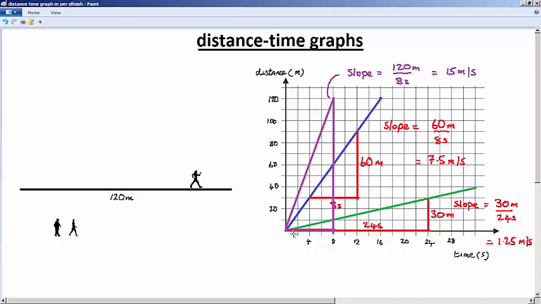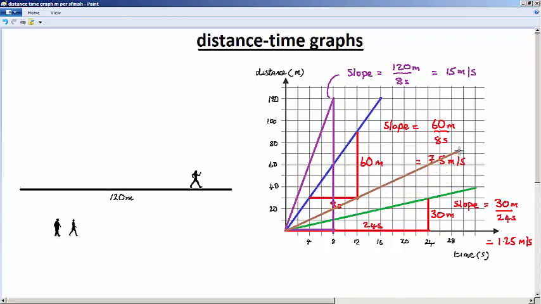So this graph is getting slightly messy, but the point we want to make here is that when we plot a distance time graph for any object that is moving with a constant speed, then the slope of the graph, that's to say the steepness of the graph, is a measure of the object's speed.